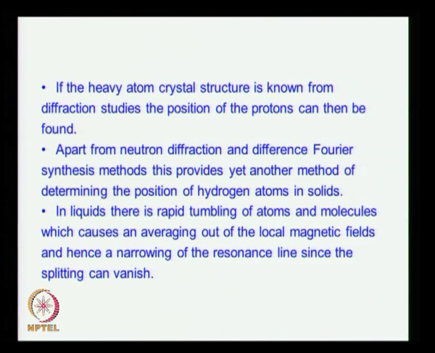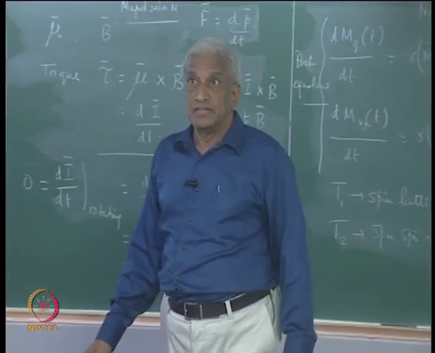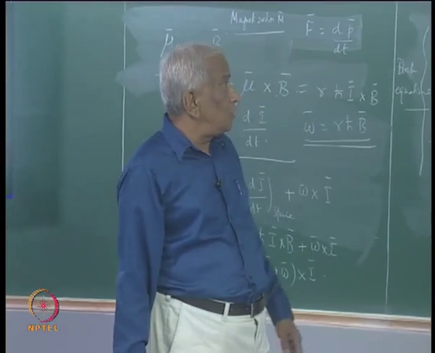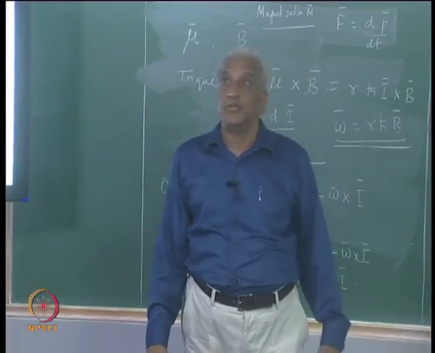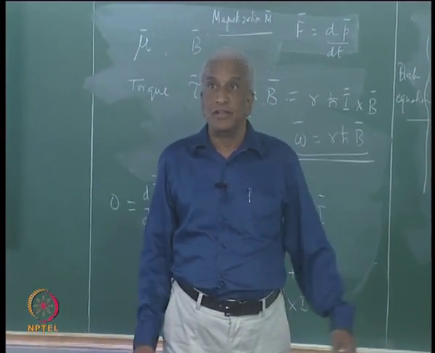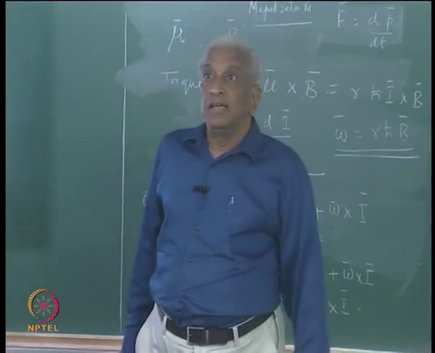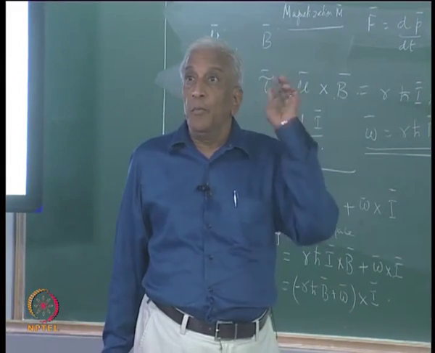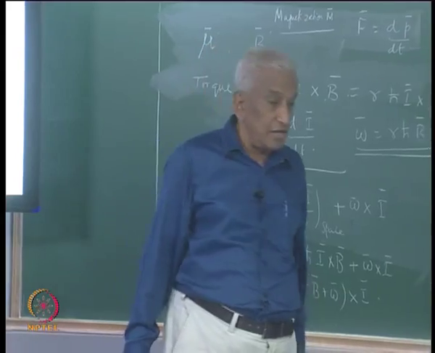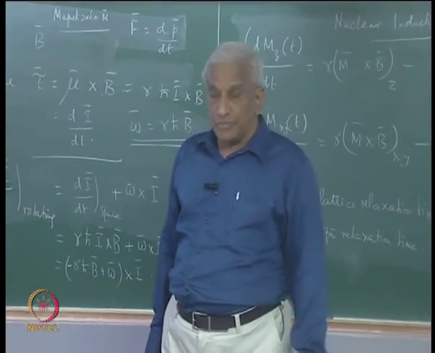The location of light atom positions such as protons is normally difficult in X-ray diffraction studies. Usually neutron diffraction is necessary in order to do this, and neutron diffraction is not an experiment which is easily available to everyone. So, NMR provides an alternative way of determining the position of hydrogen atoms in solids.